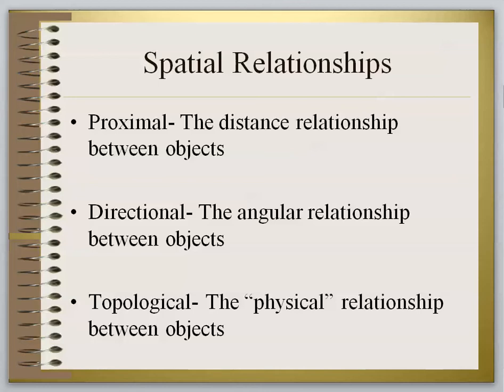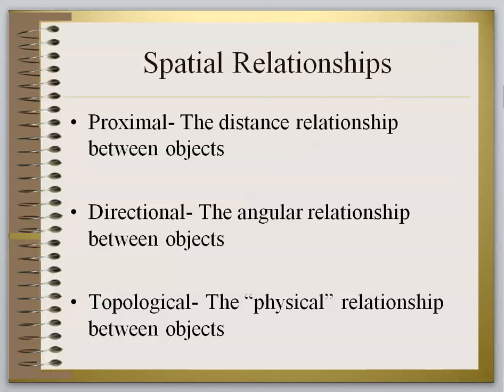Now the third one, topological, the physical relationship between objects. Physical, what do we mean by that? Okay, we're in the electronic world. What is physical? Well, picture this. Let's just say there are two parcels of land that are touching each other because, let's face it, between you and your neighbor, when it comes to property, you don't have some teeny little piece of property that is unaccounted for.